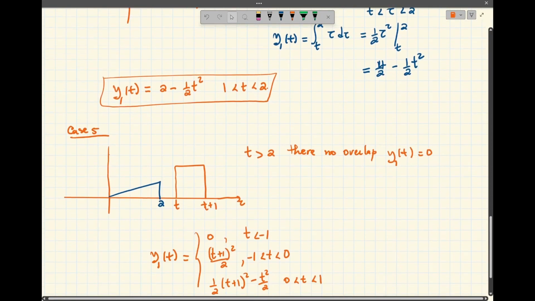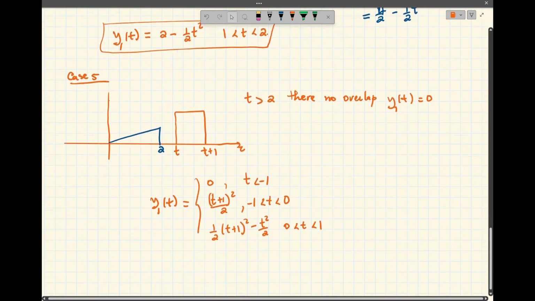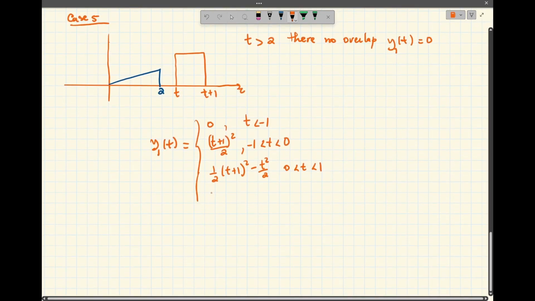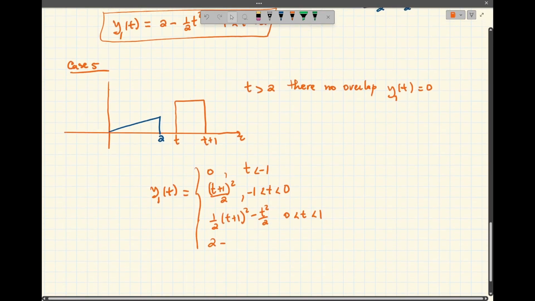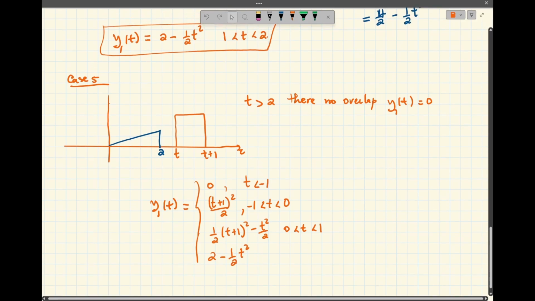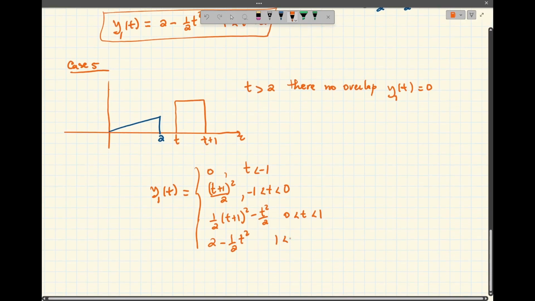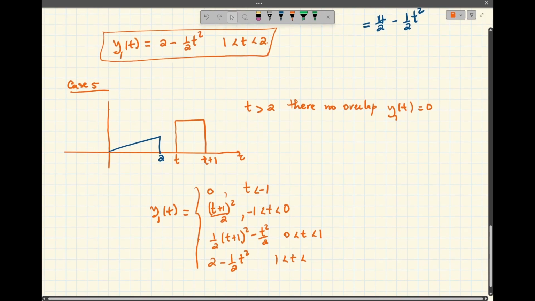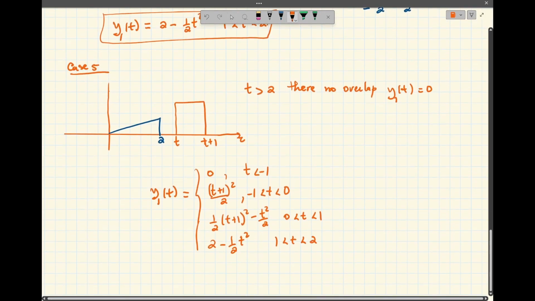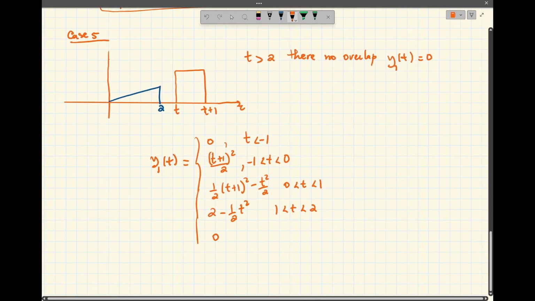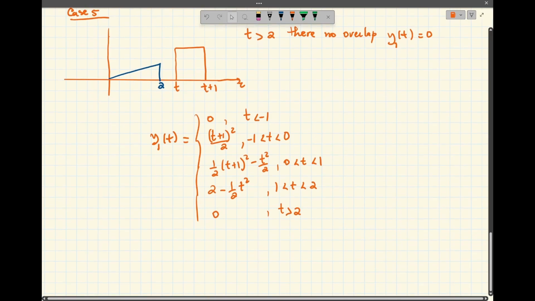And then we have 2 minus 1/2 t square when 1 is less than t less than 2. And then it is 0 for t bigger than 2. That is y1.